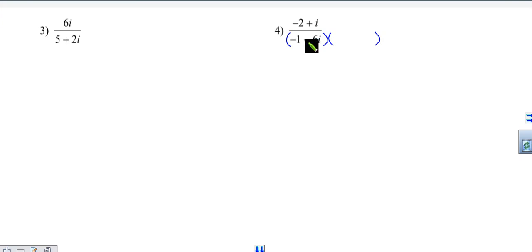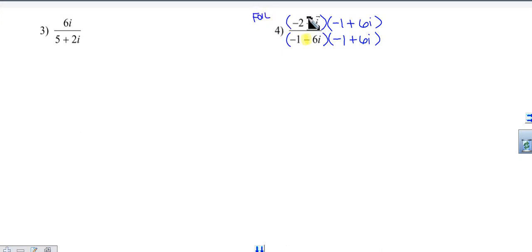Now, just to remind you, the only thing that changes on a conjugate is the sign in the middle. So I will write down negative 1 plus 6i. Whatever I multiply the denominator by, I'm going to multiply the numerator by the same exact thing. On top, I will have to use all 4 steps of FOIL.